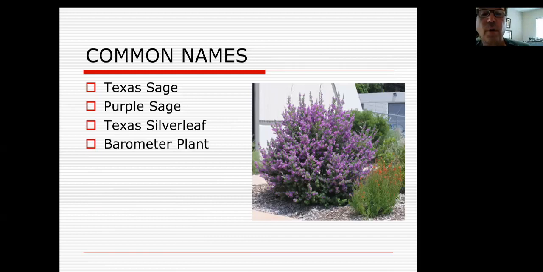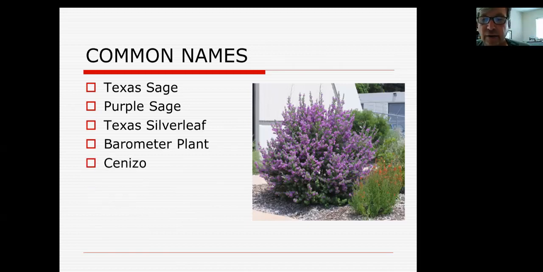I've heard it called the barometer plant because it blooms around the time that we get rain. And that is a natural occurrence. It's an adaptation so that it can survive and make flowers, get pollinated and then make seeds in wet periods after very long drought periods. So barometer plant is another name for it.